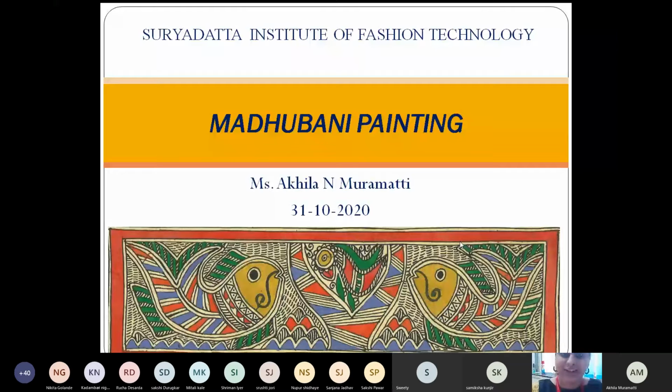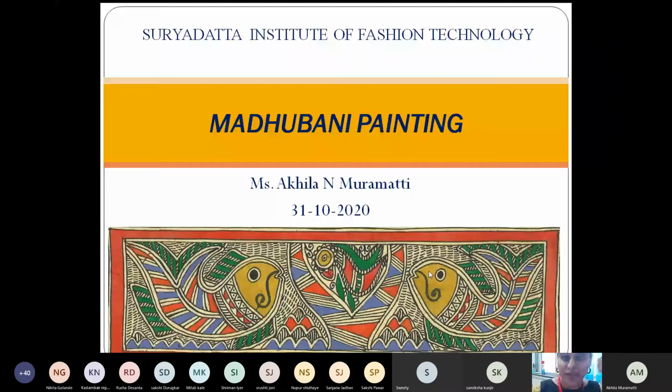Welcome to the session. I will be taking up a small workshop on Madhubani paintings on greeting cards. Before I start off with the practical session of greeting cards, how the Madhubani painting is done, I would like to take a small walk through Madhubani's history, the various art forms, famous artists who are following or promoting Madhubani, designers who are promoting Madhubani painting, and then various art forms.